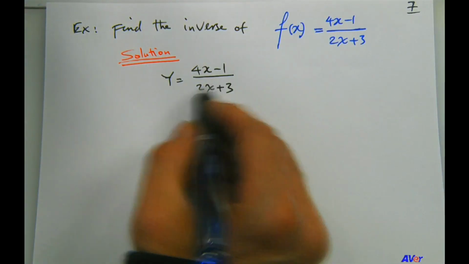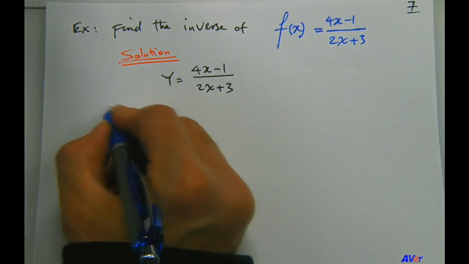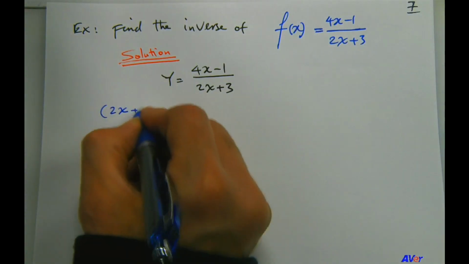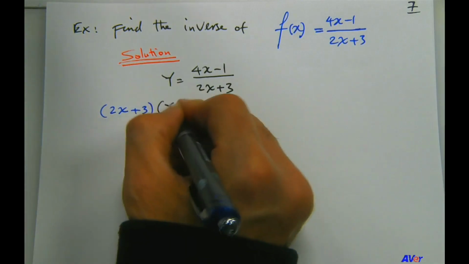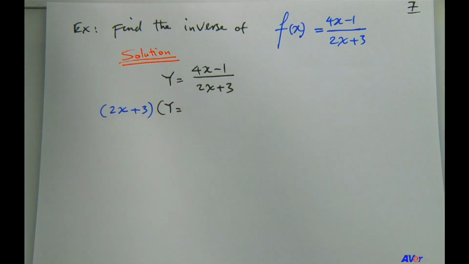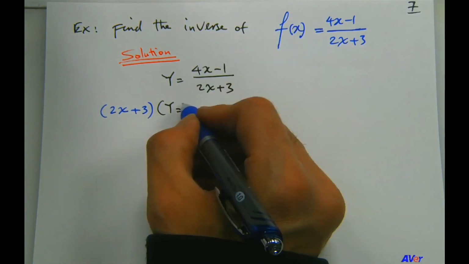So let's multiply both sides by 2x plus 3. That's just to get rid of the fraction form, right? We don't like fraction form.